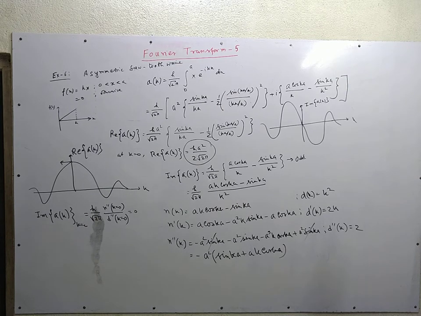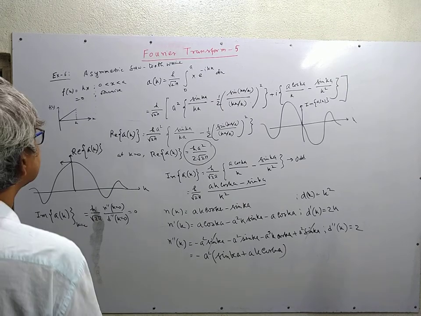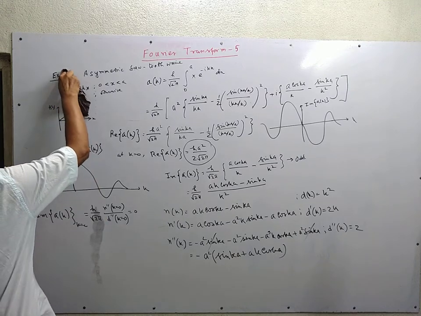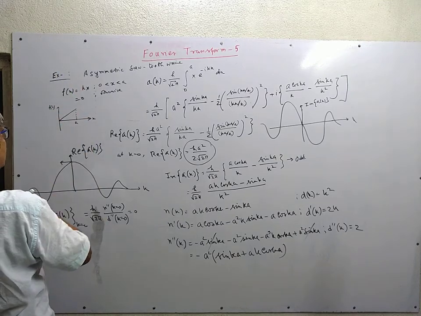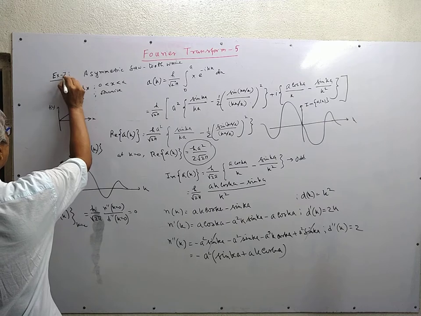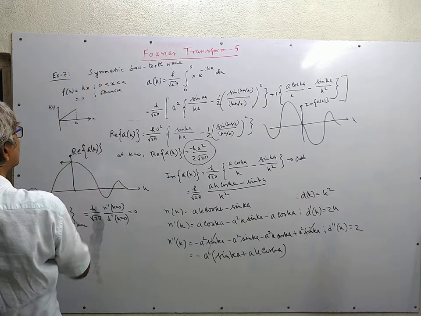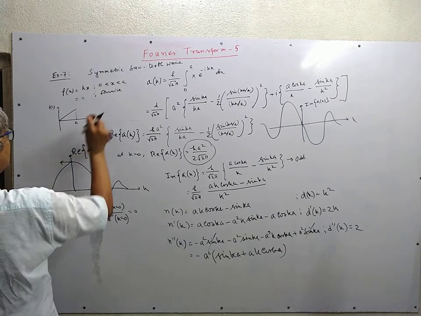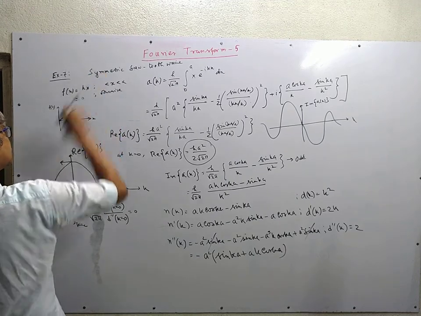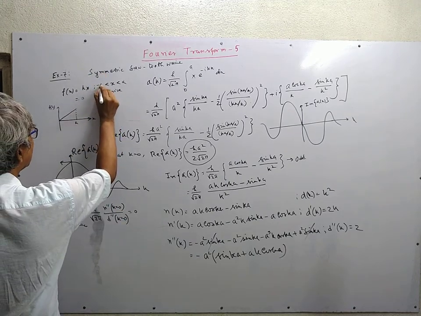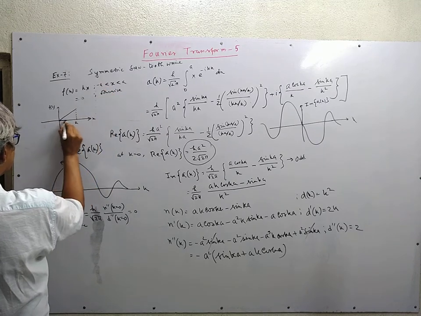Now we come to the seventh example, the symmetric sawtooth wave. For the asymmetric sawtooth wave, we find that the Fourier transform is a complex number, so we go to the symmetric wave, which is this, and the graph becomes this.